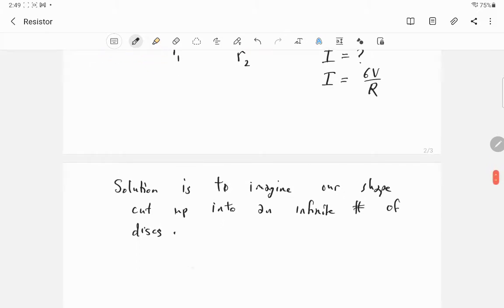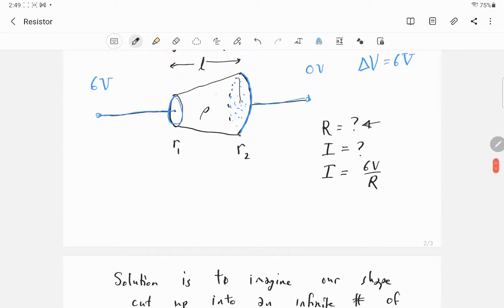So this thing right here, we imagine it splitting up. Here's a disk of a bigger radius, a bigger radius, bigger radius, all the way through. And the current is going to flow through each of these, where each of these disks has a thickness, dl, and a radius, r, like this.